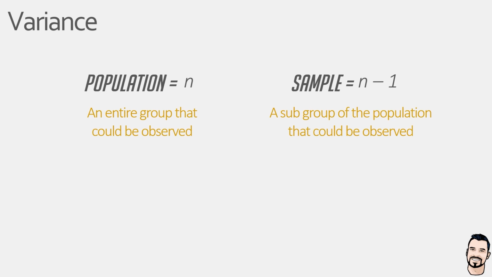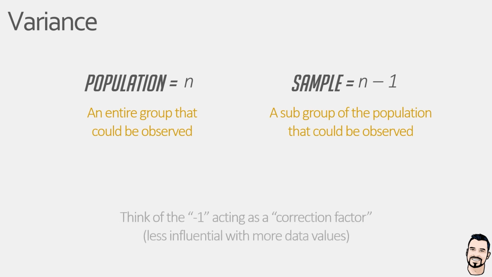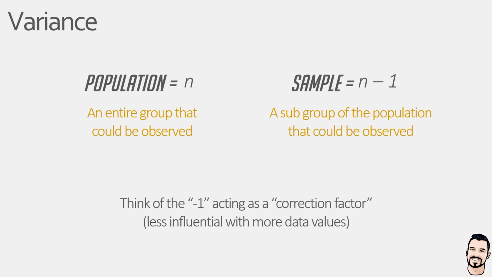Now, when it comes to our mathematical equation, this n minus 1 acts as a sort of correction factor, which is highly influential when there are only a few observations. However, as we add more data points to our dataset, it becomes less influential as we naturally get closer to the analysis of an entire population.